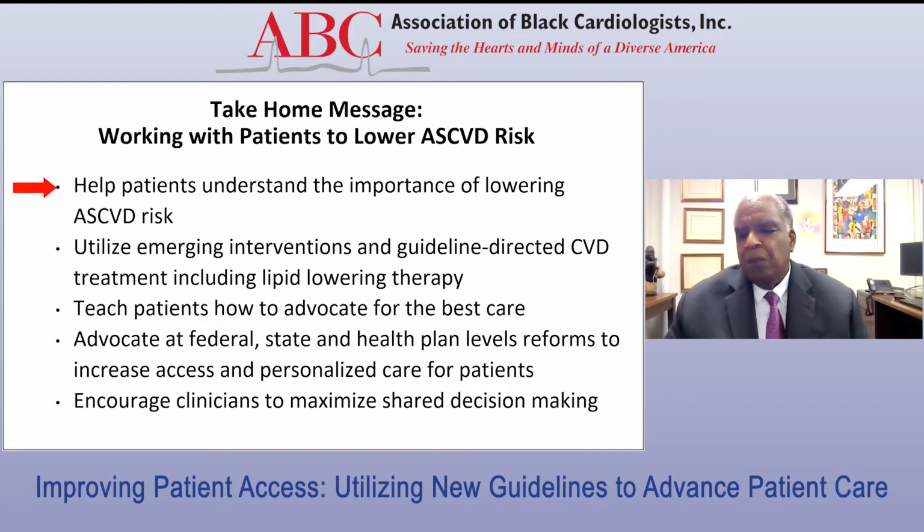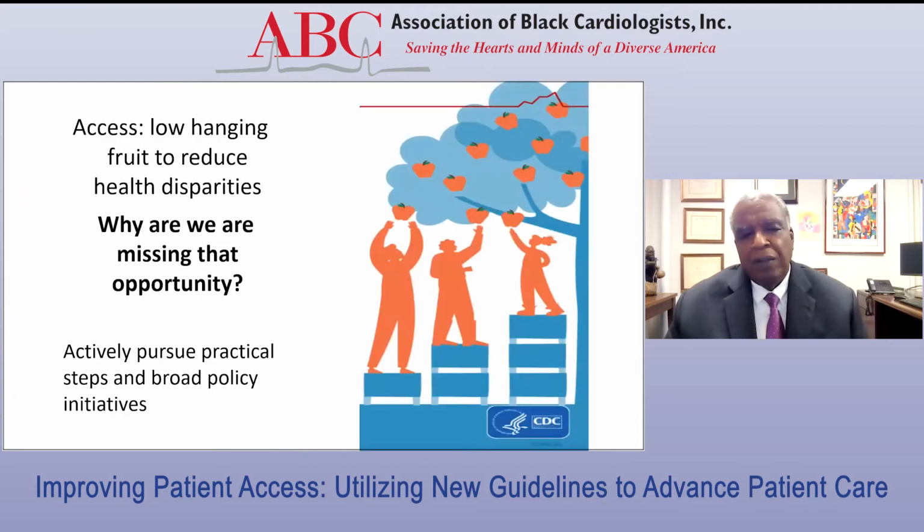Help our patients understand the importance of reducing ASCVD risk, utilize the evidence, teach patients how to advocate for their care, and we ourselves need to advocate at the federal, state, and health plan levels, and encourage clinicians to use appropriate decision-making, apply the best medicine, regardless of race, ethnicity, sex, gender, socioeconomic status, or geography. Thank you for this opportunity. Eliminating these health care disparities is an issue of social justice.